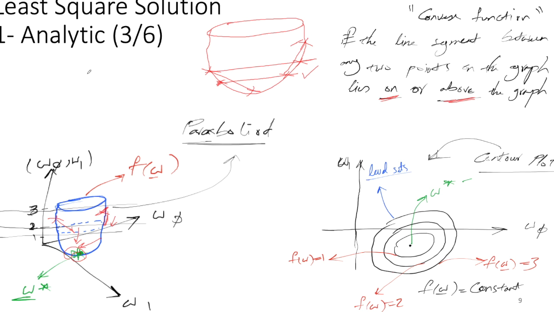Question? To clarify, if it doesn't have the convex property, it won't work because the solution will not converge? Yes, you wouldn't be able to converge. This is a convex property: you might start from here, and that was your W star.